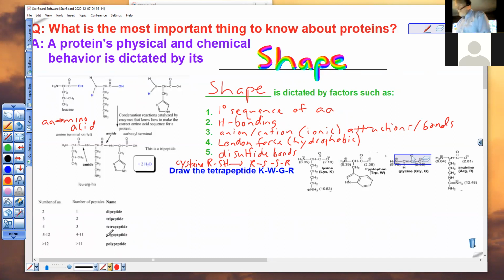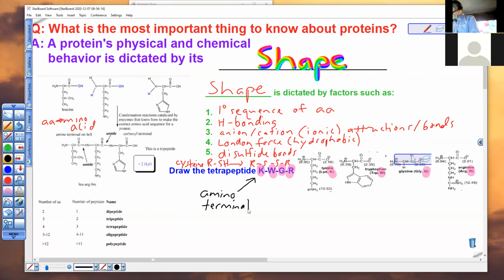K, W, tryptophan, G, glycine, and R, arginine. And when they're listed this way, we have what's called the amino terminal on the left. This is understood. We always do it this way. It's the convention.